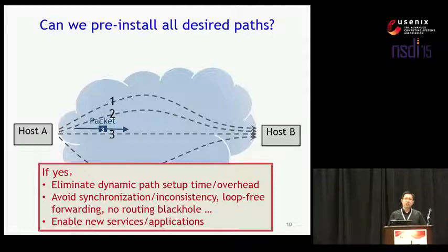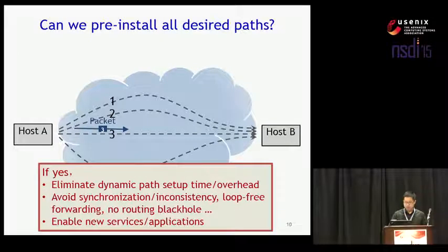And also, we can avoid complicated synchronization and inconsistency issues, which guarantees loop-free forwarding and no black holes due to routing problems. Black holes can also be caused by misbehaving switches, and pre-installed paths can help to locate them.